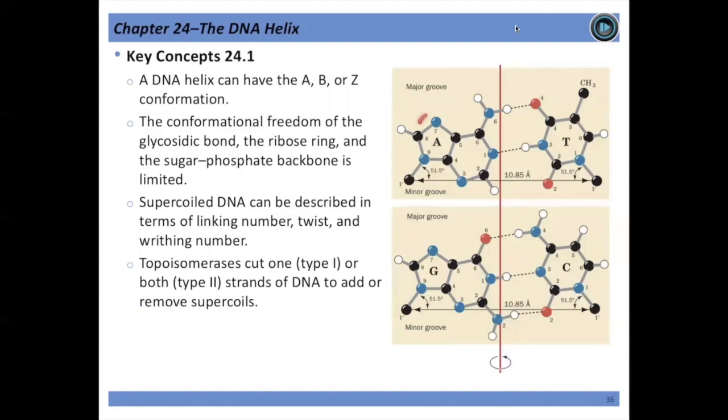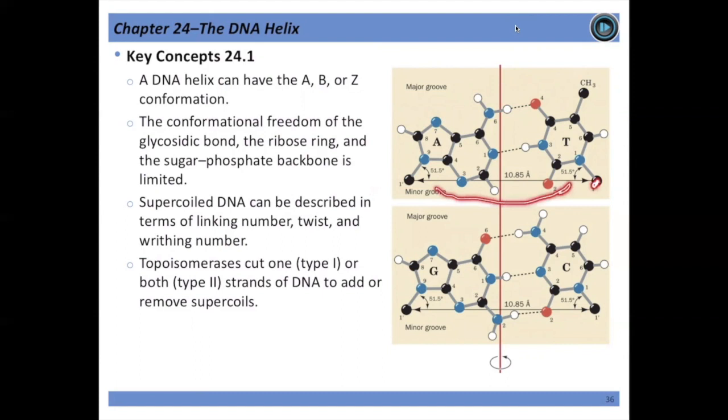So the major groove tends to be what we would say along the top here. And down here are where the sugars are, and then they lead to the phosphates. So the major groove tends to be along the top of these base pairs, and that's why you see the base pairs always drawn kind of the same. And then that top is the major groove, and then this minor groove here is a little bit more crowded.